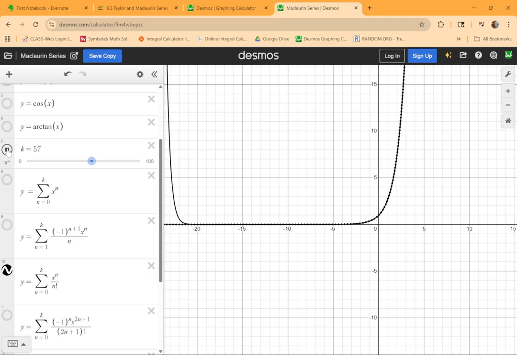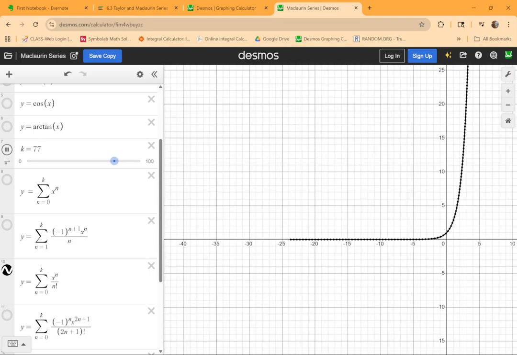Really not great once we get out of a certain interval, but the higher that degree gets, the more of the convergence that I have. Let's check it out here. Now each one of these partial sums is what's called a Taylor polynomial. And we'll focus more on that in the next few videos. But this is essentially how we generate power series in this form.